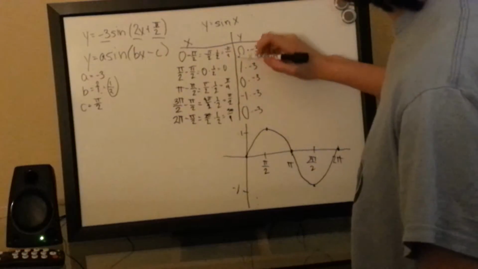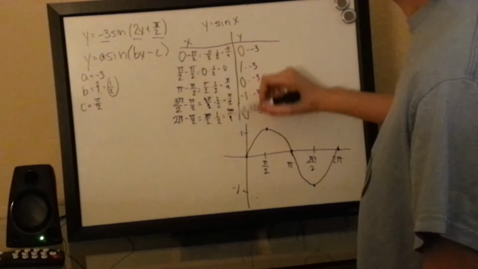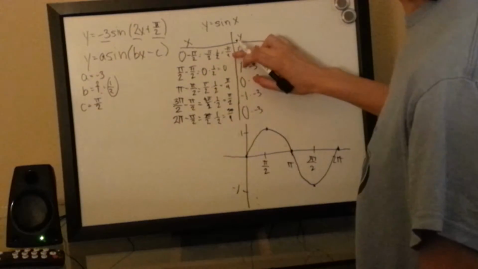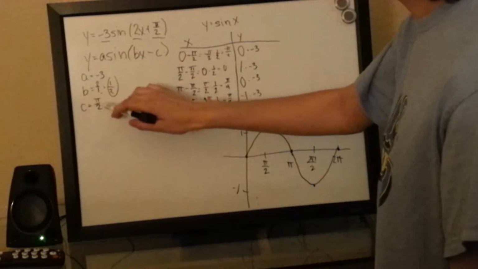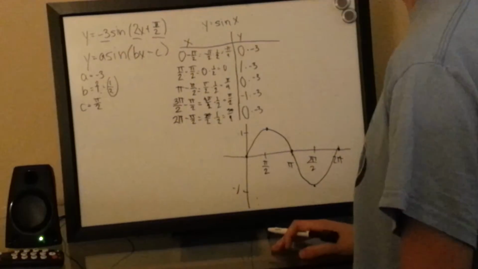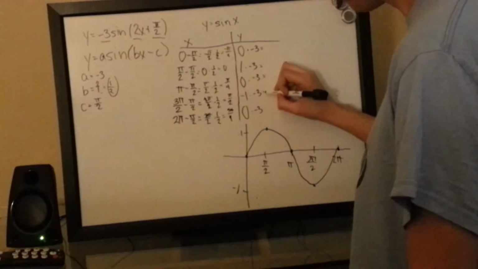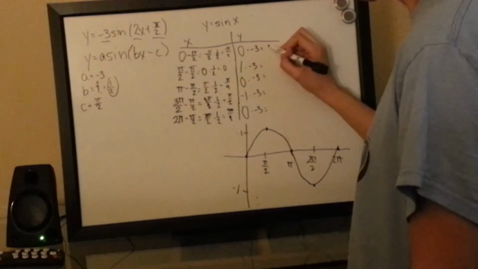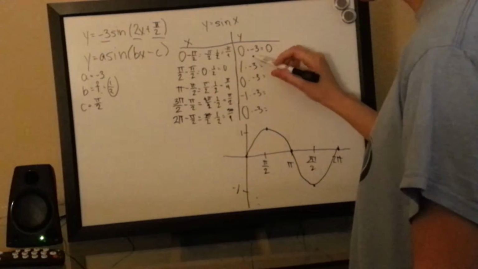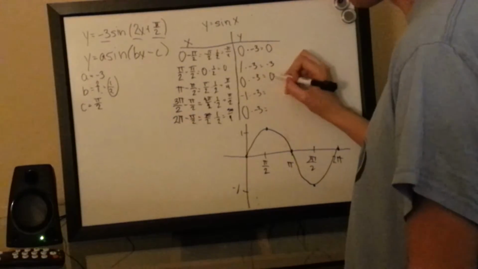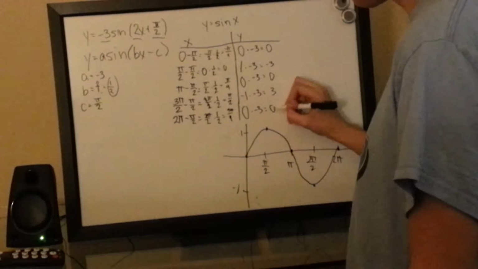Alright, now we finally got our x values in this column after applying b and c to our x values. We still have yet to multiply our a values for our y column. That's going to be 0, 0 times negative 3, 1 times negative 3, negative 3, 0, 3, 0.